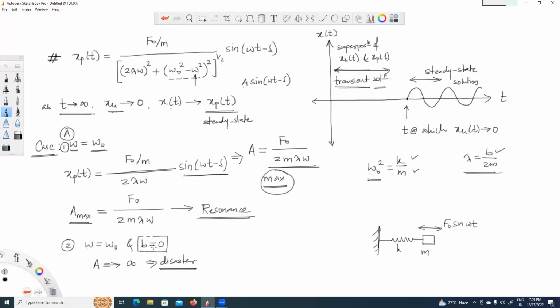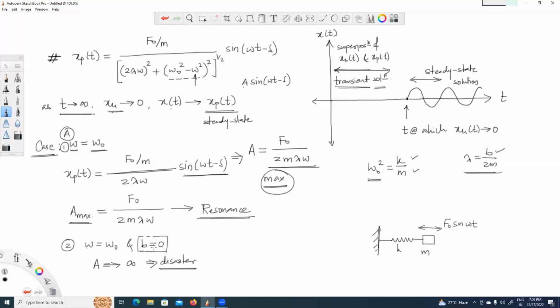If your body is moving through a certain fluid, it will feel a viscous drag, which is resistive. So you cannot eliminate damping or the resistive force in practice or in nature. That's why we are not worrying about the B equal to 0 condition.